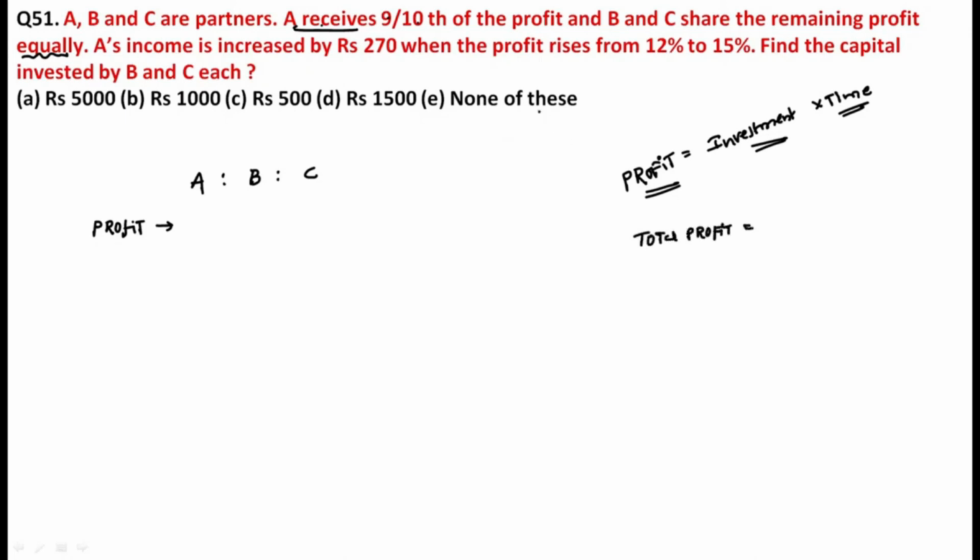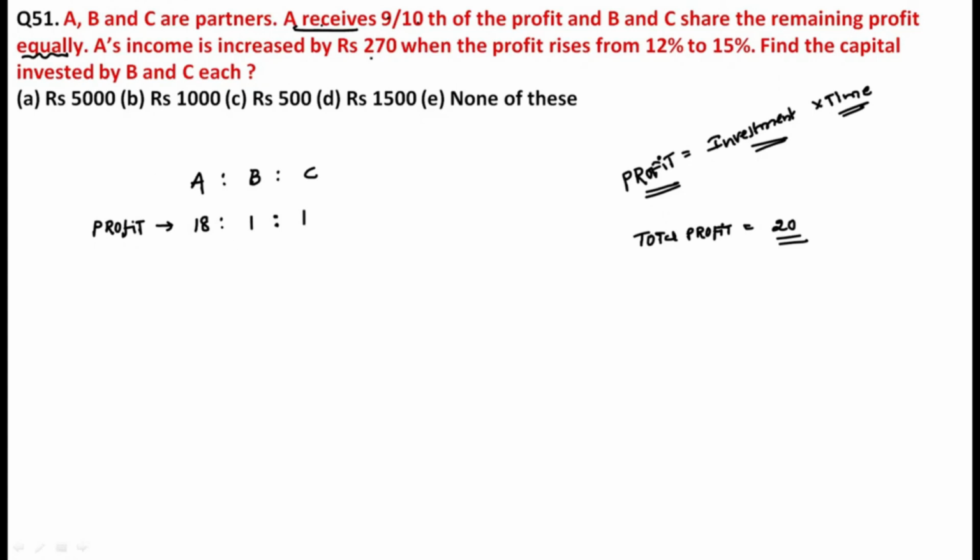You just assume one value that is a multiple of 10 only. I assume the total profit is 20 units. Now the profit of A is exactly 18 units. Profit of B is 1 unit and profit of C is 1 unit, because the remaining amount is distributed equally.